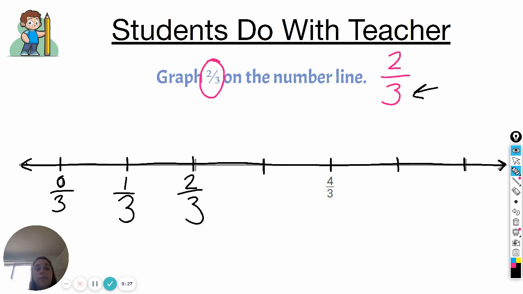Next is 2/3. Notice that our numerator is going up 1 each time, and that's because we're going up 1 more line each time. So next would be 3/3. They already did 4/3 for us. Next is 5/3.